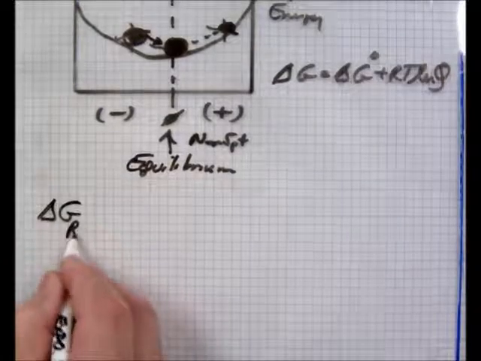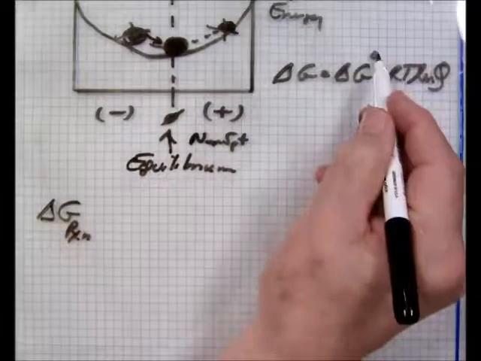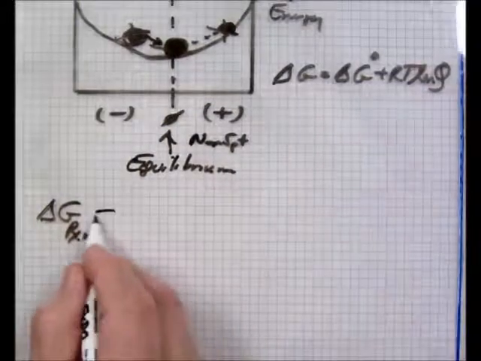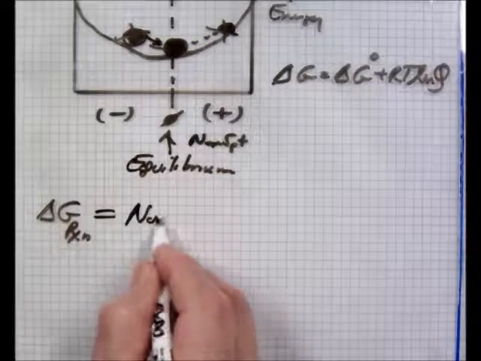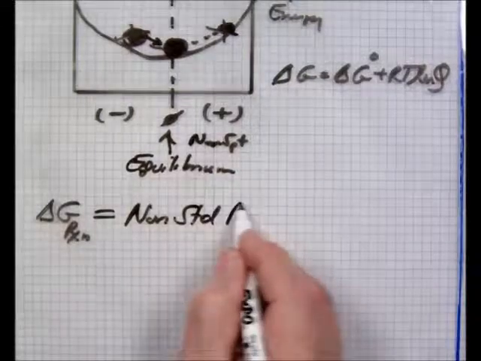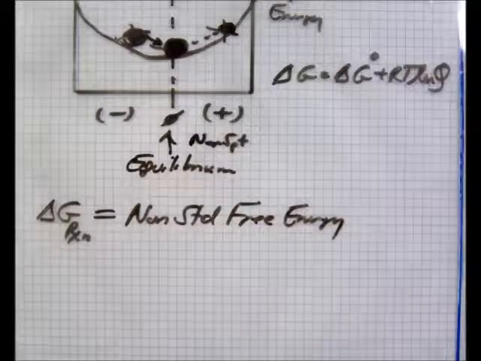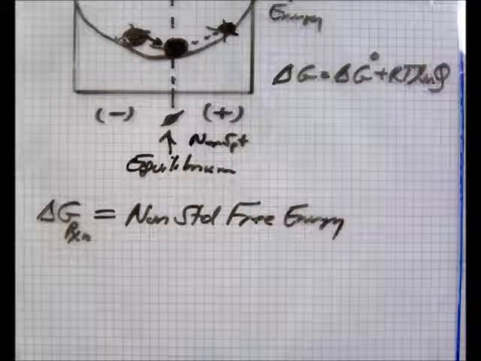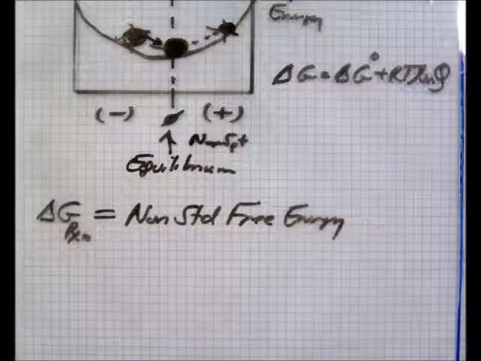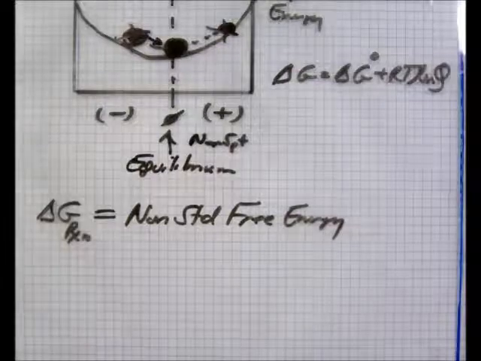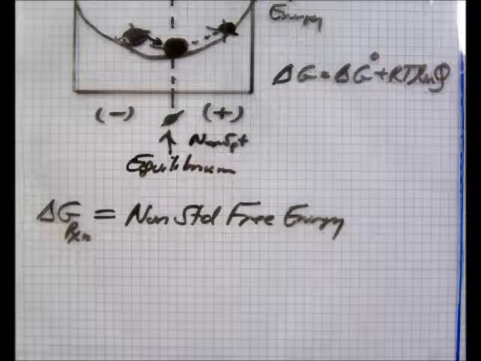Delta G of reaction without the little circle up here is the non-standard free energy. So you can actually calculate the free energy of a process, and we'll do this in electrochemistry more than we will here.